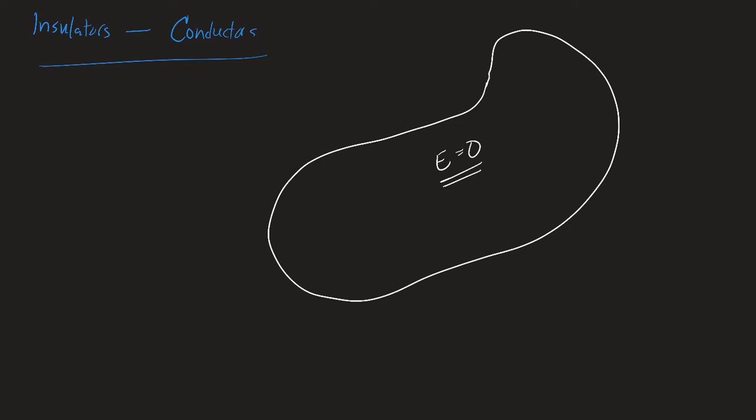So the first thing I want to point out is that conductors generally have charges that will move freely around them. If you don't know conductors, look for things that are shiny, although that's not always universally true.